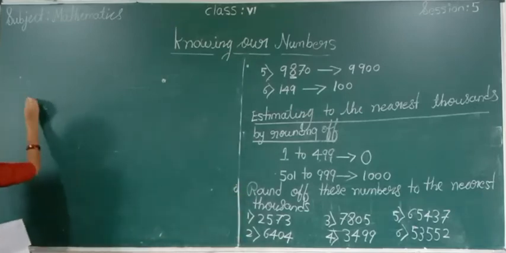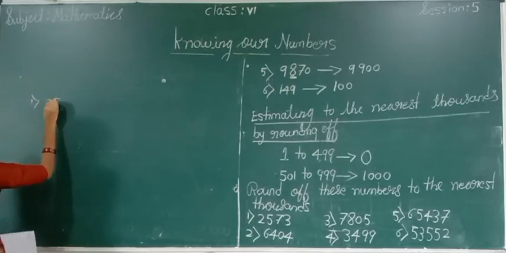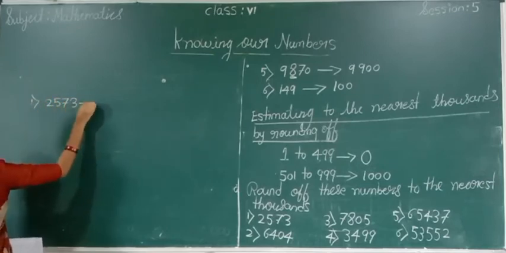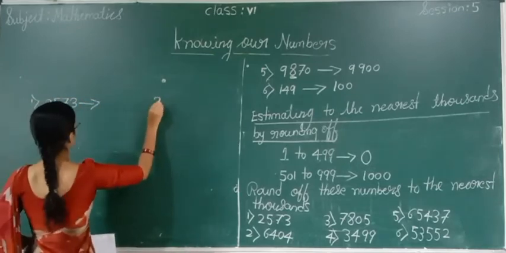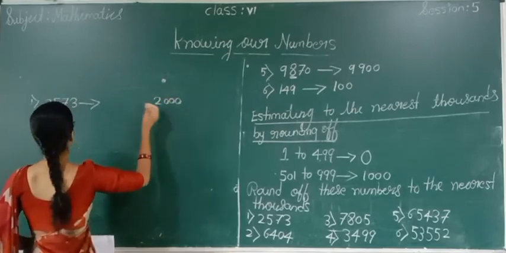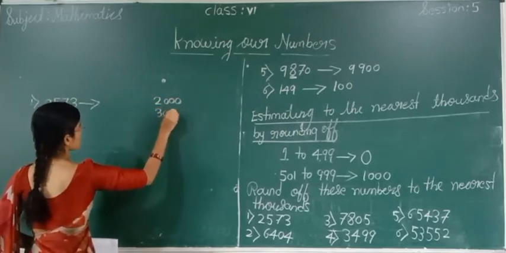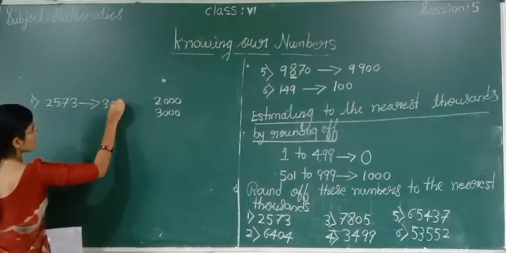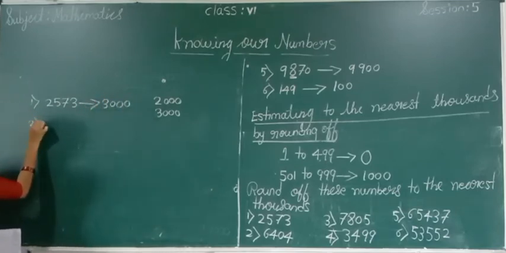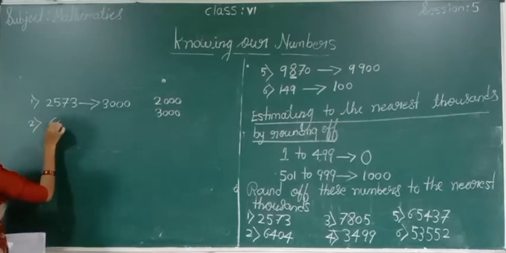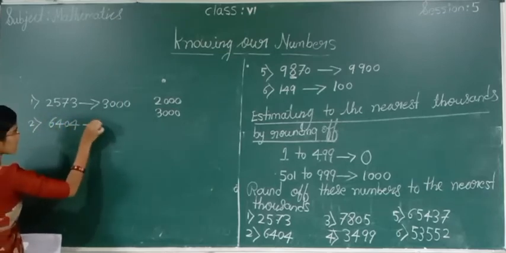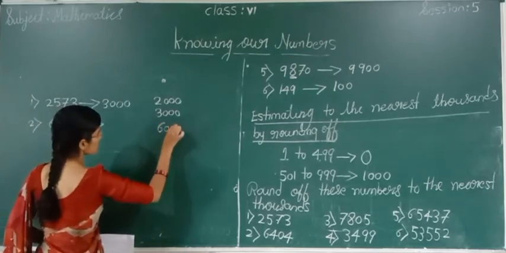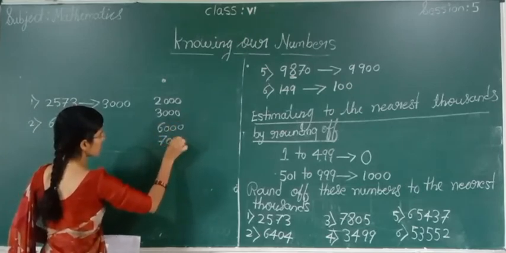Now see, 2,573 is nearer to 2,000 or 3,000. It is nearer to 3,000. Second one, 6,404 is nearer to 6,000 or 7,000.